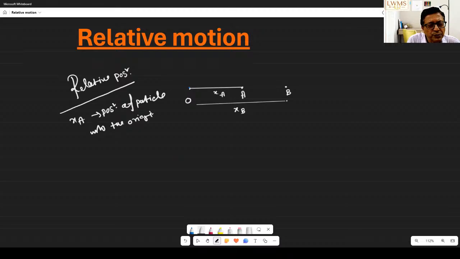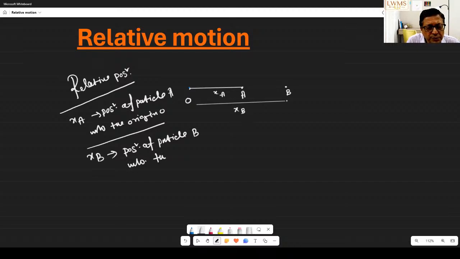Origin is at O. xb is the position of particle B with respect to the origin at O. Okay?